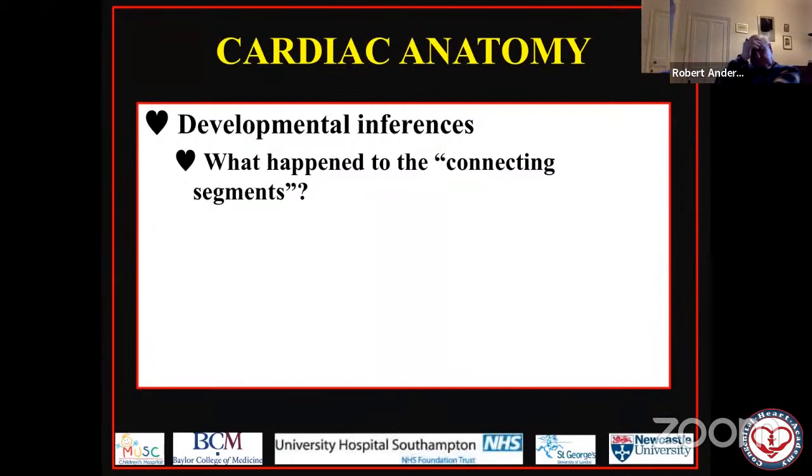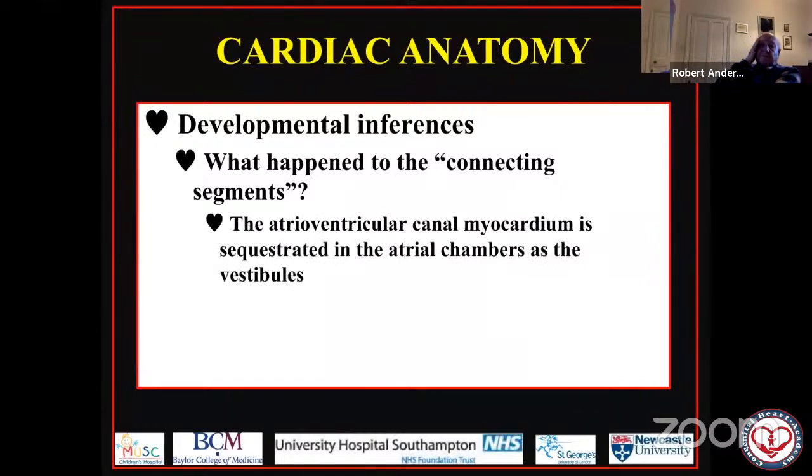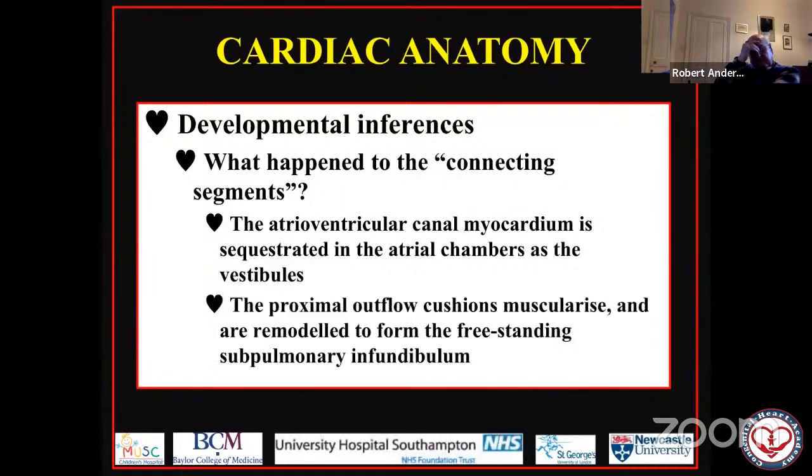And indeed, we know there were connecting segments as the heart develops, but we also know that the atrioventricular canal myocardium is sequestrated in the atrial chambers as the vestibules of the atriums, and that those proximal cushions remodel to form the conuses, and they are then committed to form the outflow tracts of the two ventricles, giving us eventually an atrial segment, a ventricular segment, and an arterial segment.